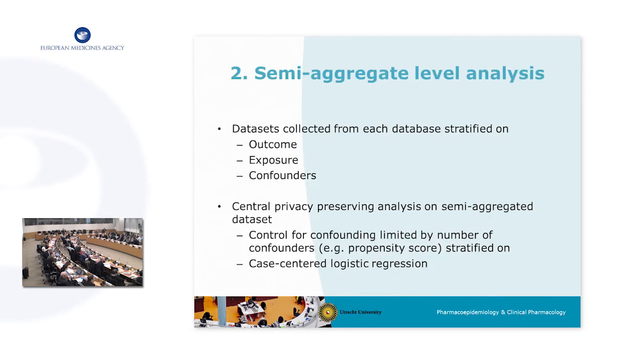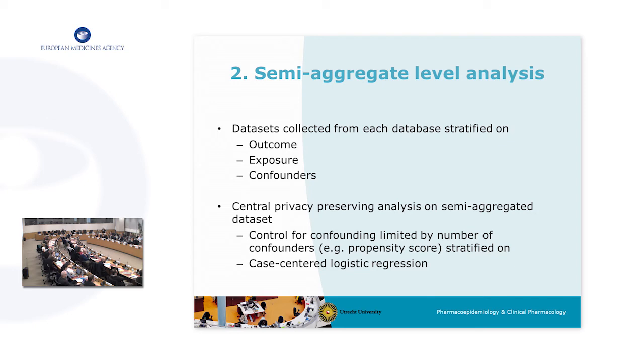On a semi-aggregated level, data sets can be collected, stratified on outcome, exposure, and confounders. And then some central analysis can be done in which the privacy is being preserved. So confounding can be controlled if the data sets are stratified on the propensity score.